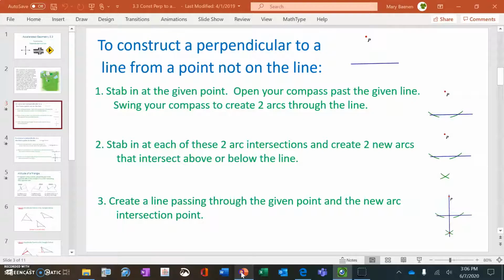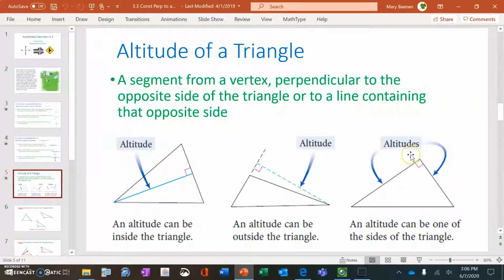And now we go back and we talk about a definition. An altitude of a triangle is a segment that goes from a vertex perpendicular to the opposite side of the triangle or a line containing that opposite side. Okay, so this is no problem. It goes from the vertex perpendicular to this side, so it is an altitude.